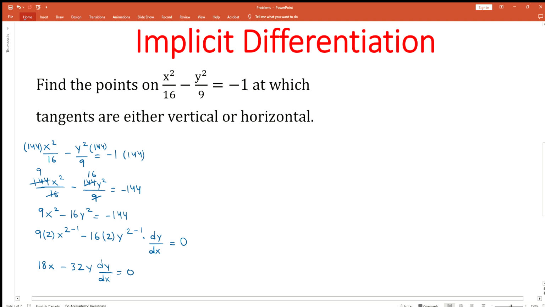Next, we can move 18x to the right side of this equation and it will become negative 18x. Next, we should divide both sides by negative 32y.